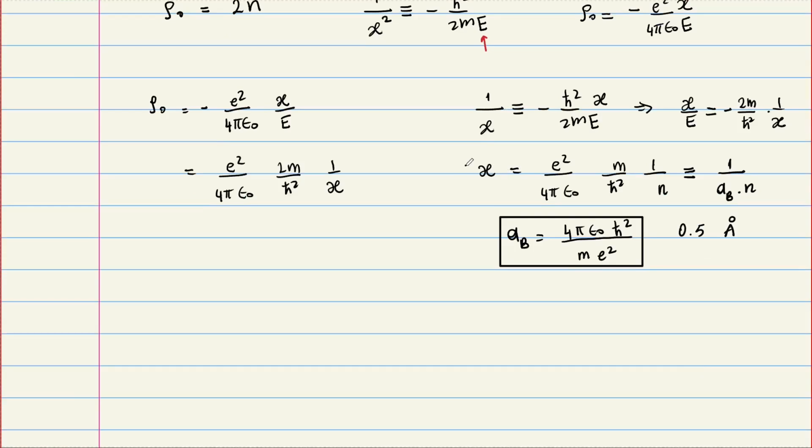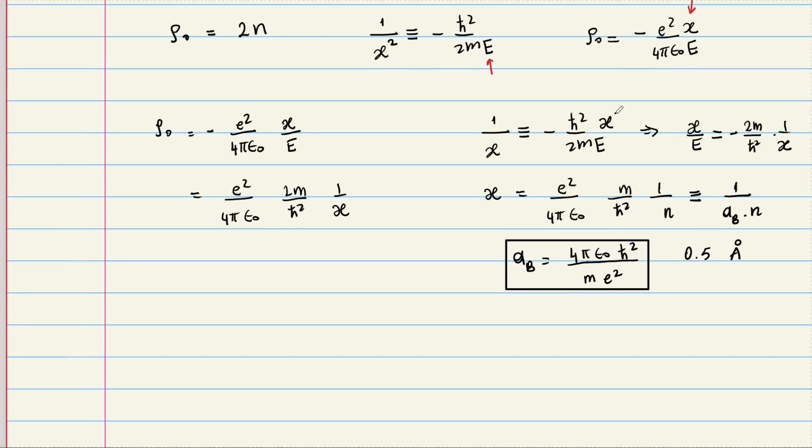So this is what kappa is. Once kappa is found, we can try to find E. Let me use kappa squared is equal to minus 2mE over h bar squared, and this gives E is equal to minus h bar squared over 2m kappa squared.